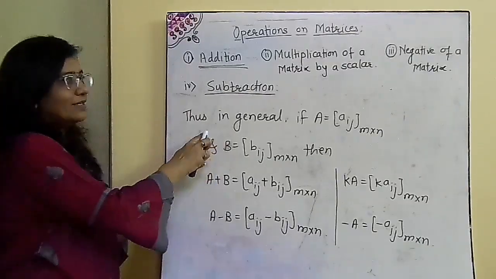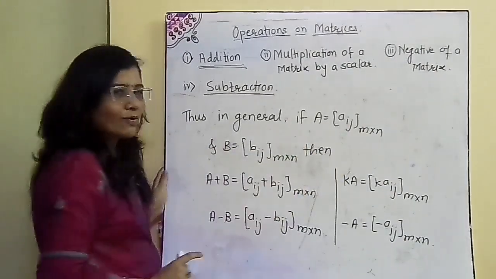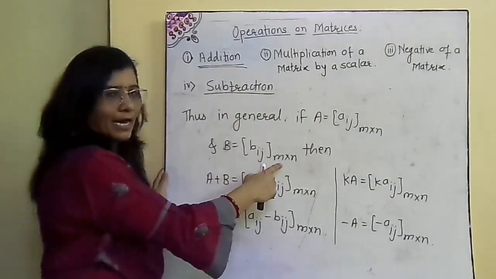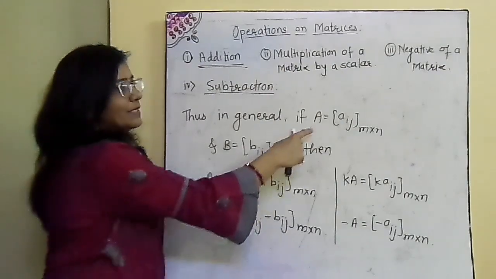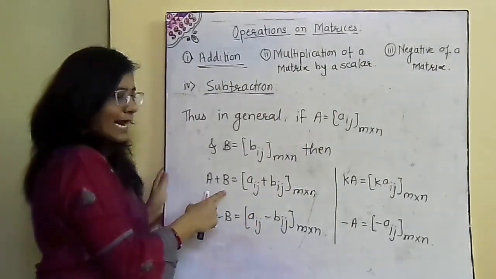Thus, in general, if A is a matrix given by Aij having order m by n, and B is a matrix given by Bij having order m by n, meaning the orders of both matrices are equal, then we can add them.